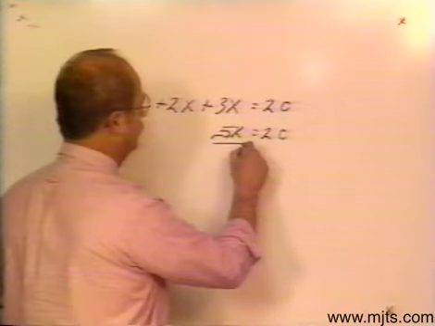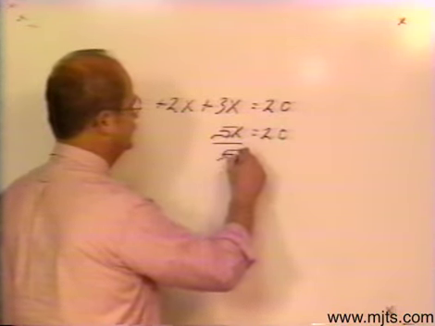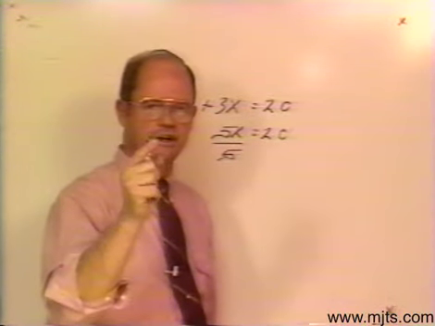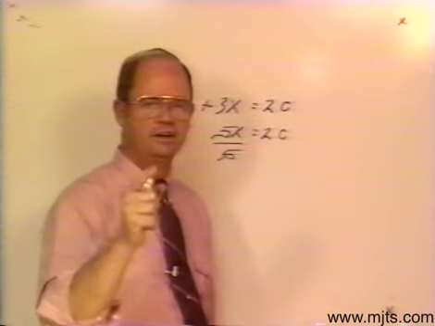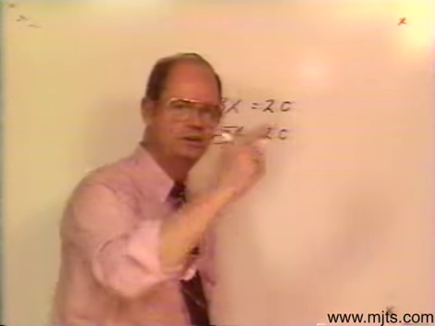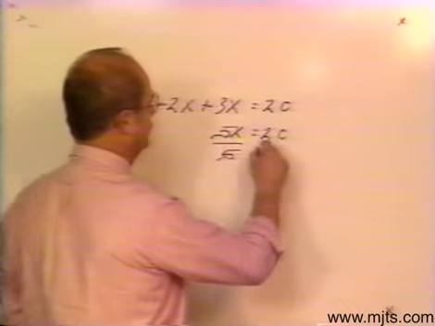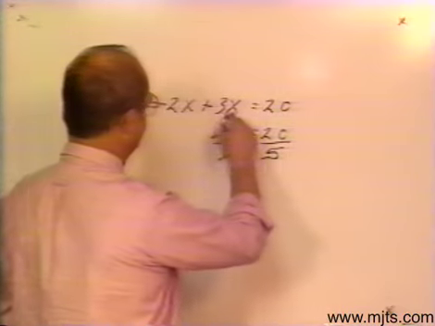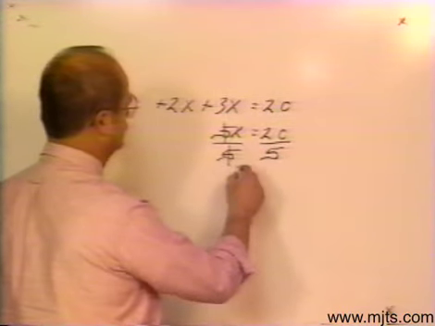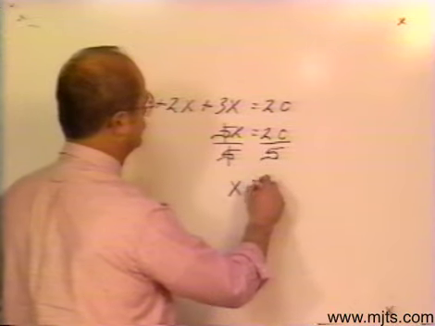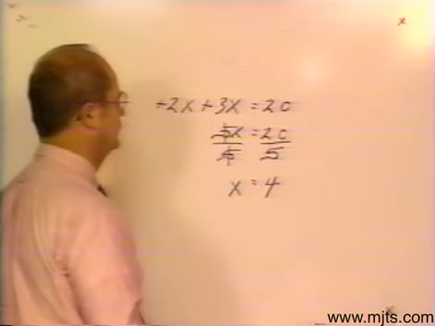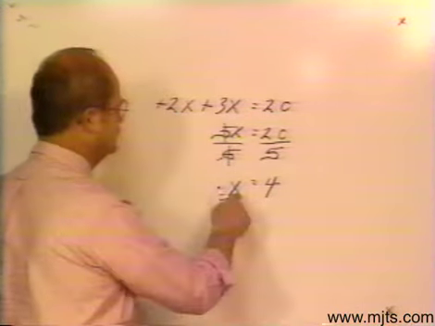So that if I want one x alone, I'd have to divide this side by 5. Now whatever I do to one side to maintain that equality, I have to do the same thing to the other side. So then I would have to divide this side by 5. My 5's cancel. I would have then x is equal to 5 into 20, 4 times. See? So my x equals 4.